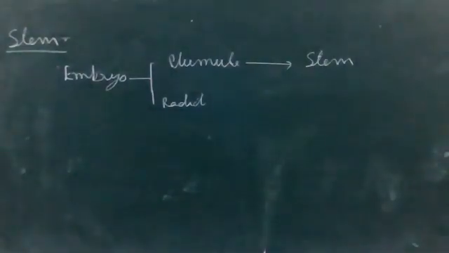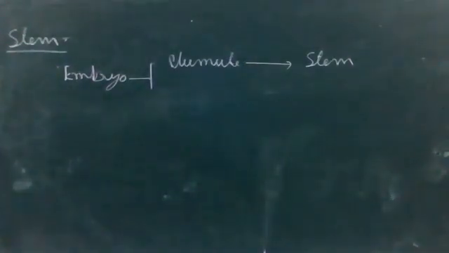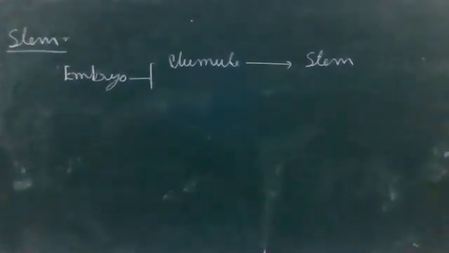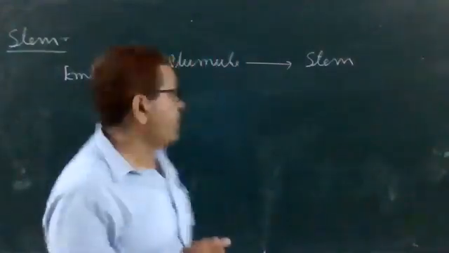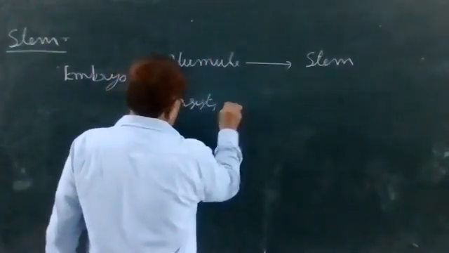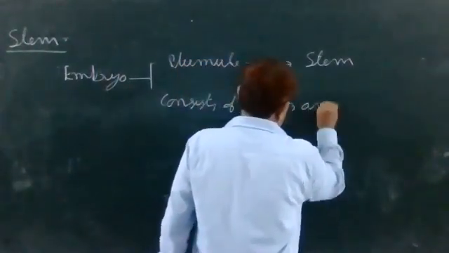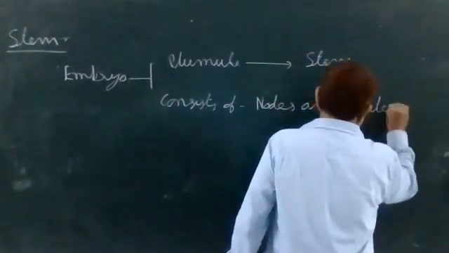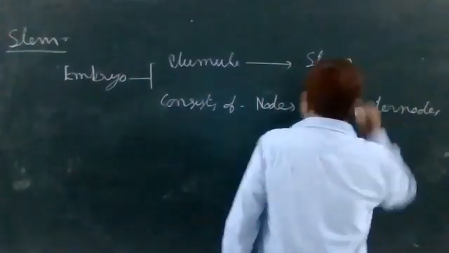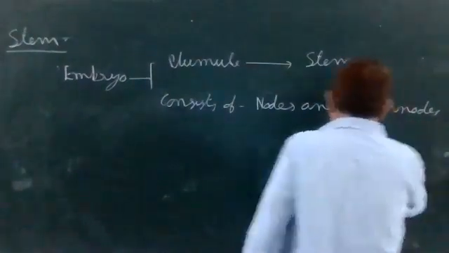So stem consists of nodes and internodes. Stem consists of nodes and internodes.